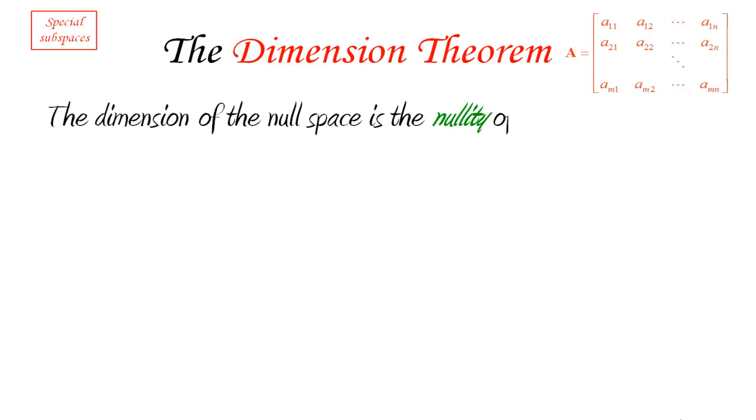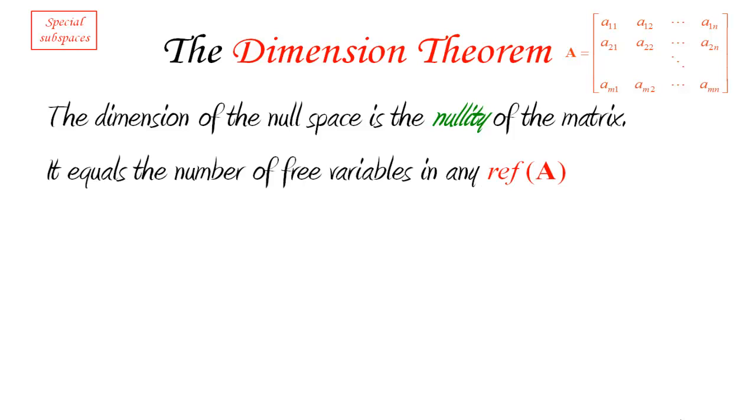Well, notice that the dimension of the null space, which by the way is called the nullity of the matrix, is the number of what? It equals the number of free variables in any REF, certainly in the RREF, but in any REF.